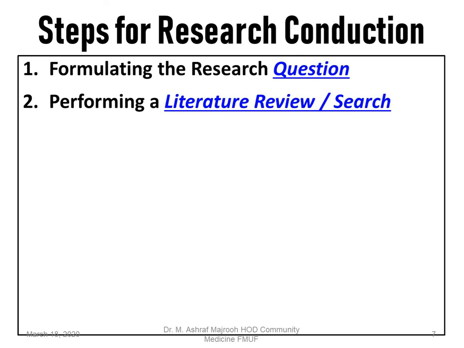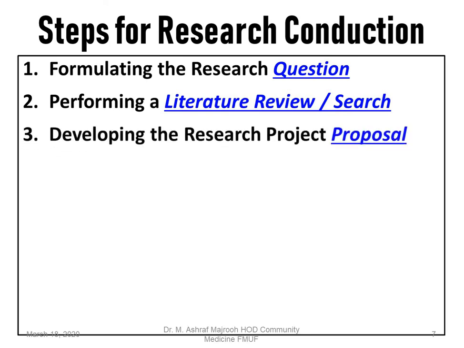Either you perform the literature review first and then formulate your research question, or you first formulate your research question and then go for the literature review. These are the first two steps, and they are really essential before developing the research proposal.